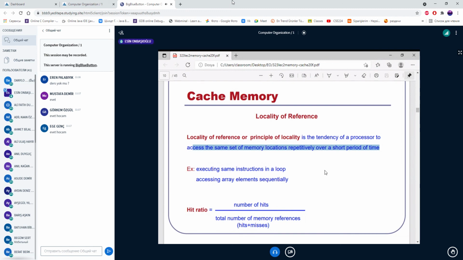But for the second customer, the bread is already on the shelf, so it is very fast to give it to the customer. That box of 10 breads is your cache. You keep your cache on the shelf, and the next time the CPU asks for data, it is already there and you can give it to the CPU very fast.